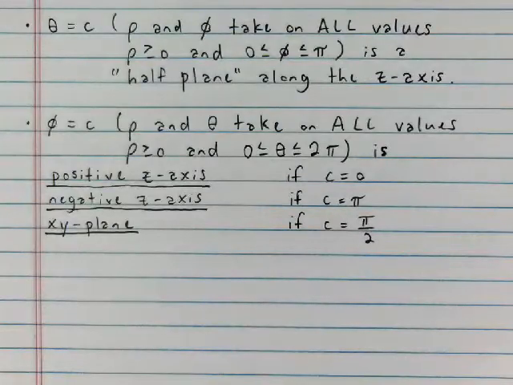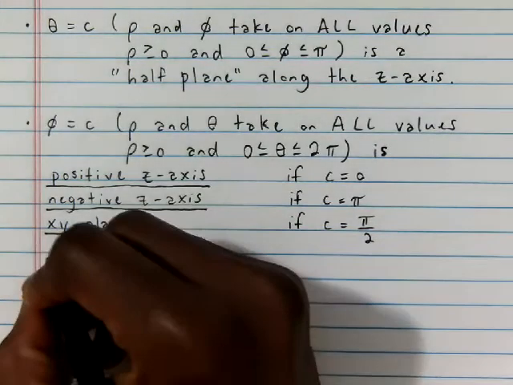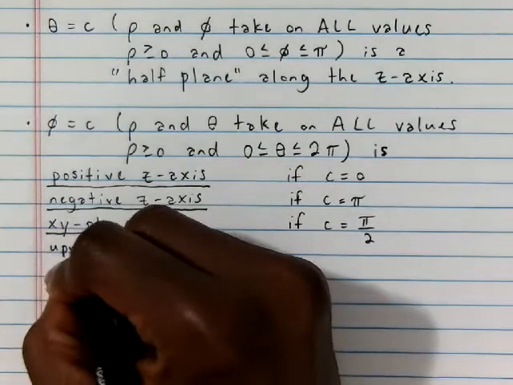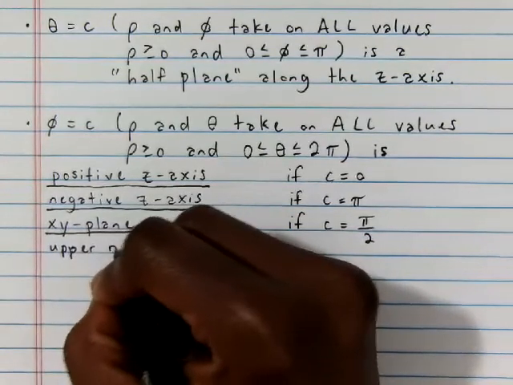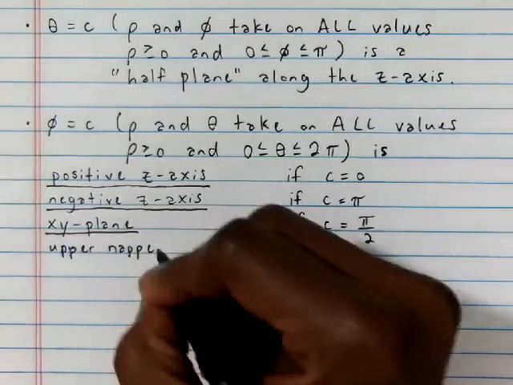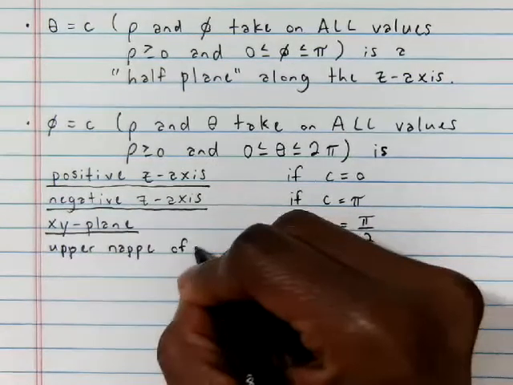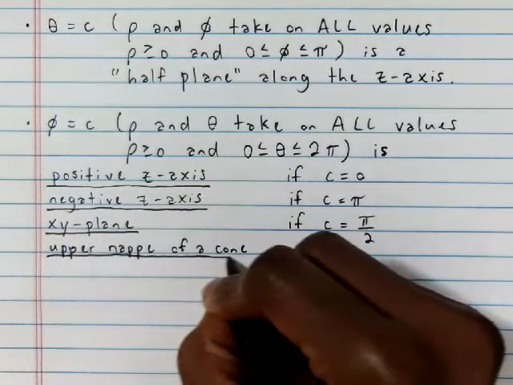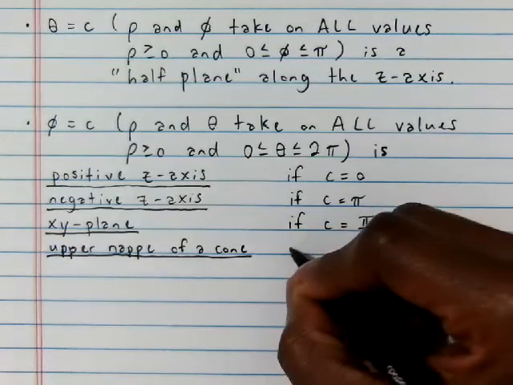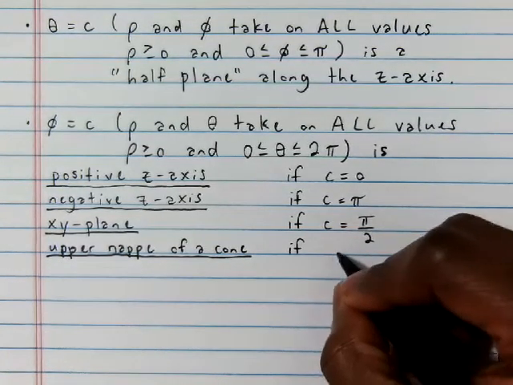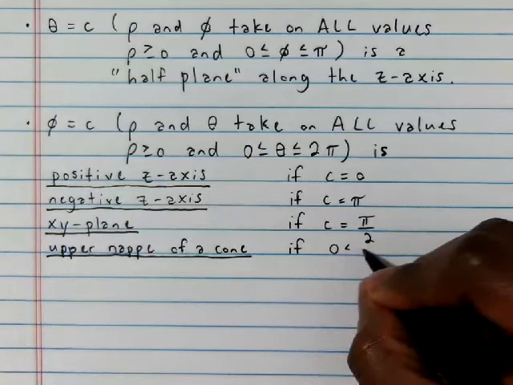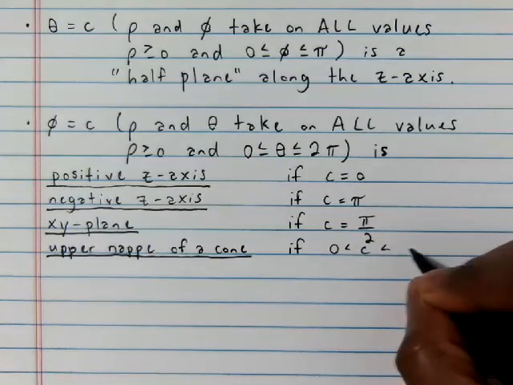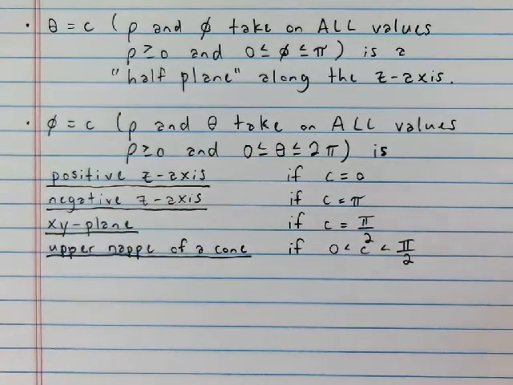All right, next we'll get the upper nappe of a cone if c is anything strictly between 0 and pi over 2.